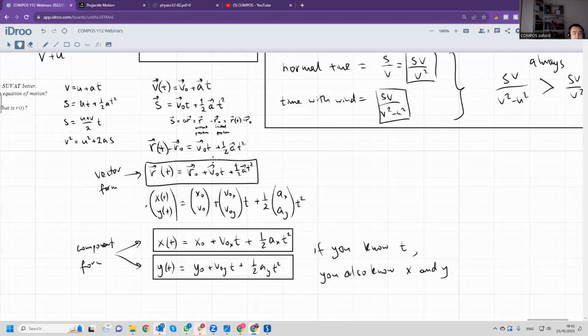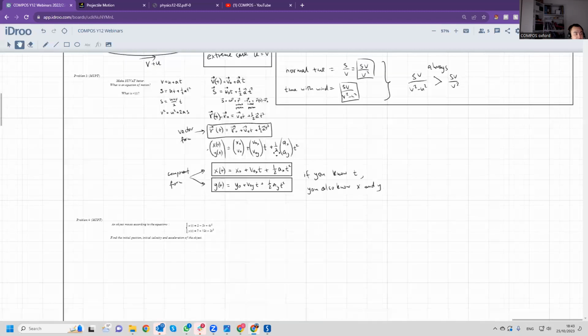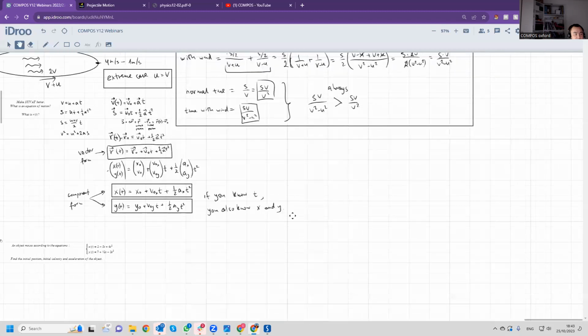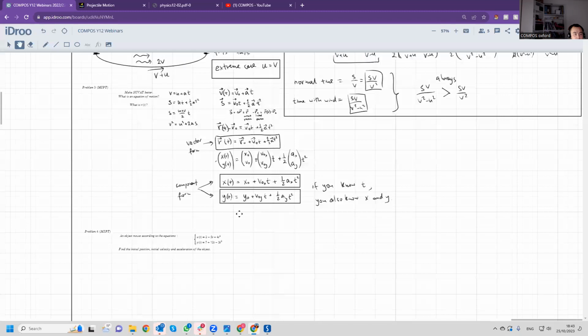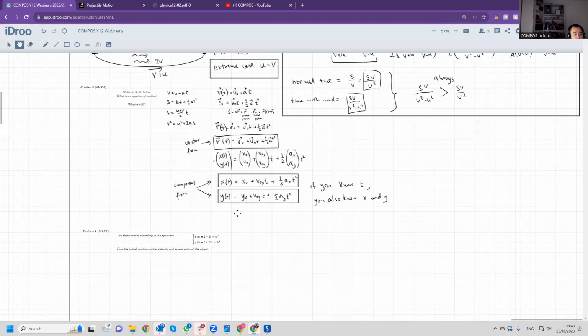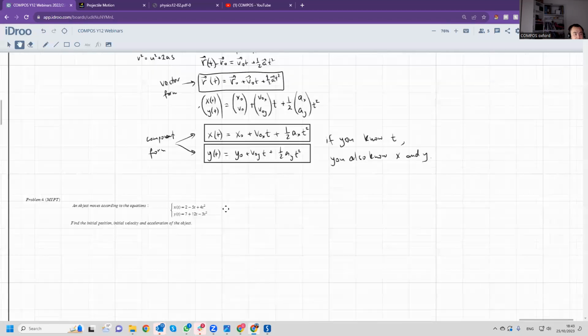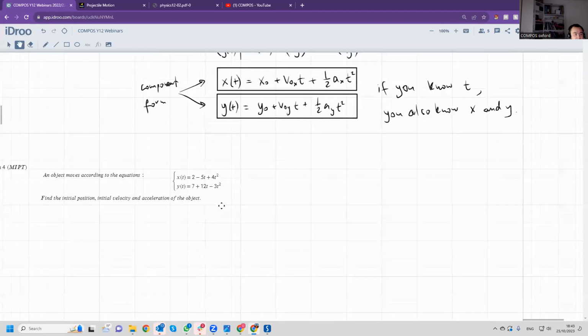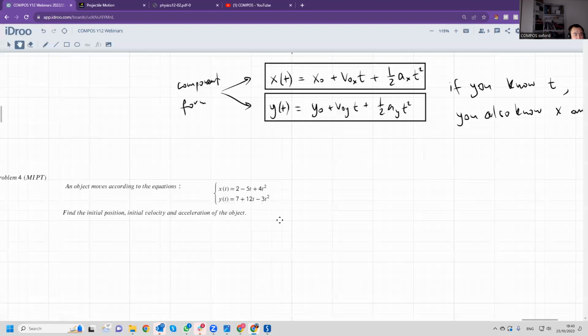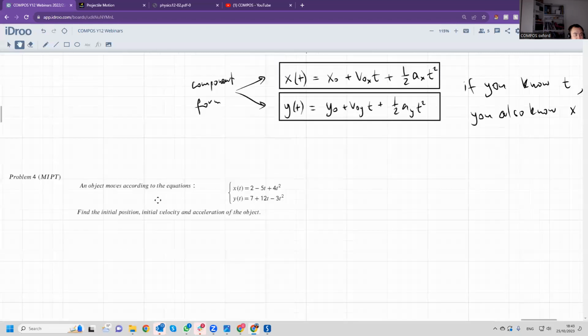There's also a neat way of getting the Suvat equations, and I'm going to show you. Well, before we do that, let's practice a little bit with this. An object is moving according to the equations: x of t is 2 minus 5t plus 4t squared, y is 7 plus 12t minus 3t squared.